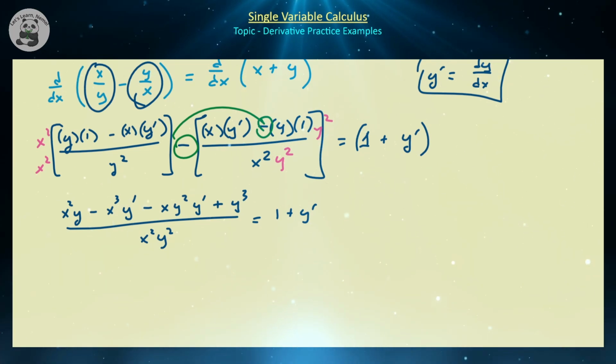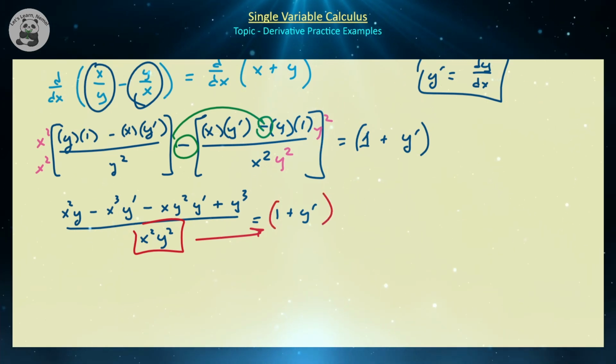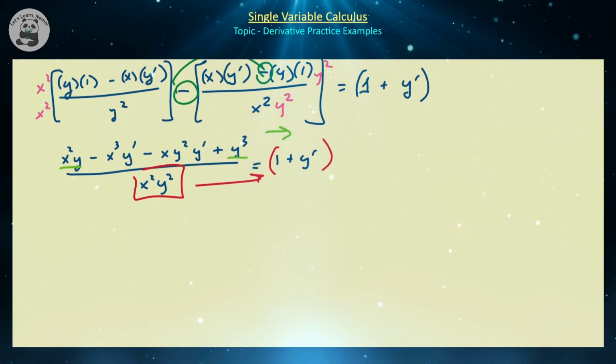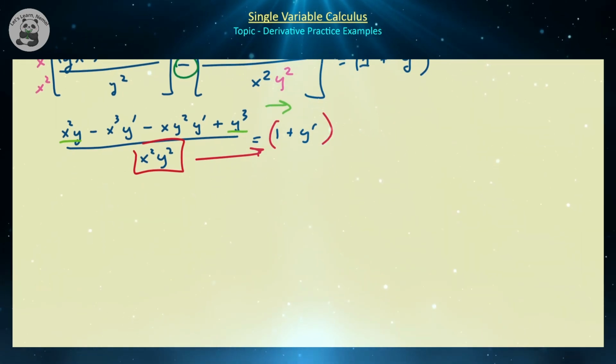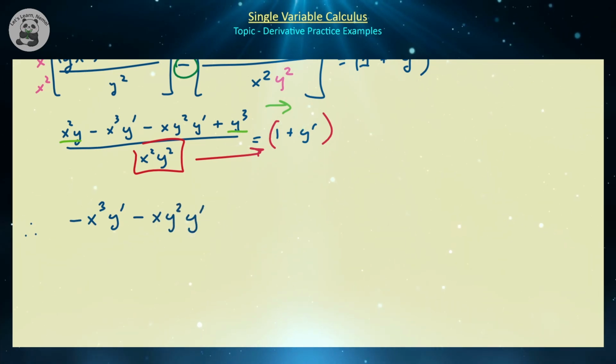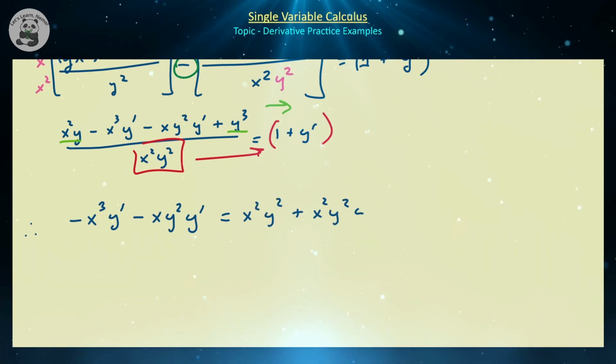Let's move my x squared y squared to the right-hand side by multiplication. And everything that does not have a y prime, for example, x squared y and y cubed, I'm going to shift over to the right-hand side as well. So once I have that, I'm going to have minus x cubed y prime minus xy squared y prime is equal to x squared y squared plus x squared y prime.